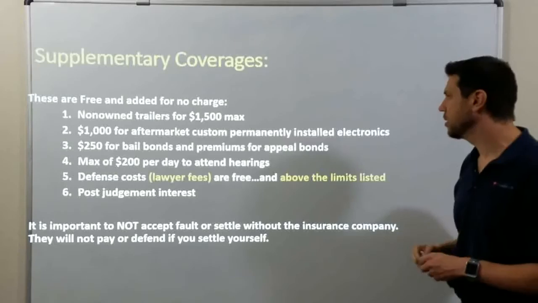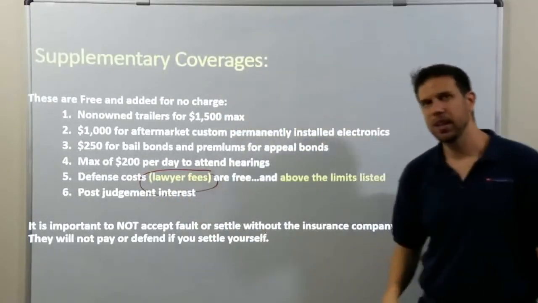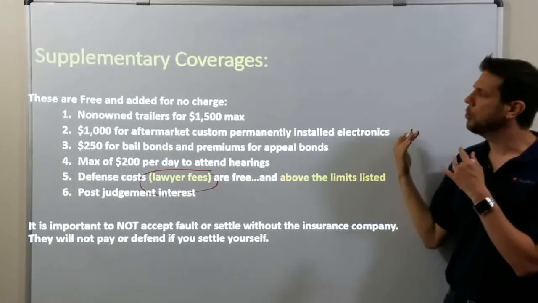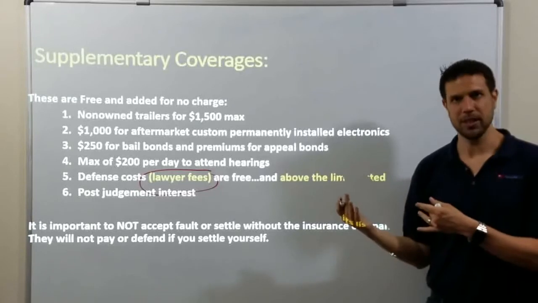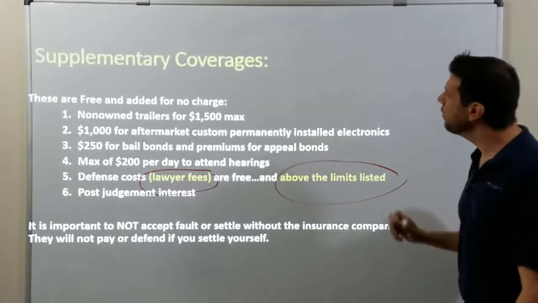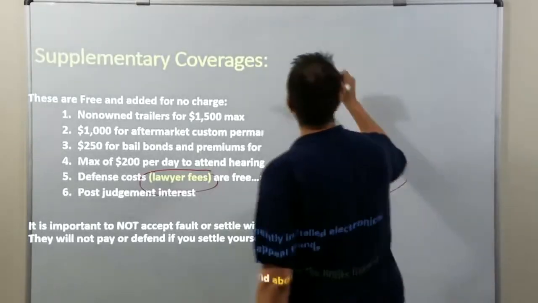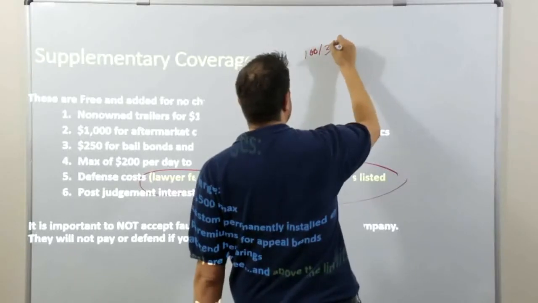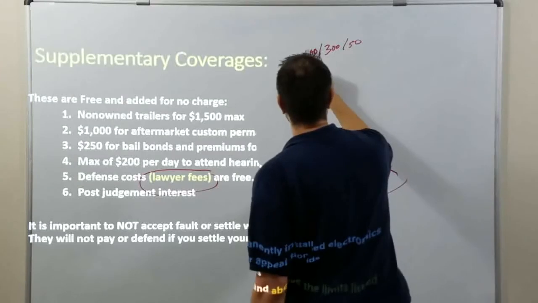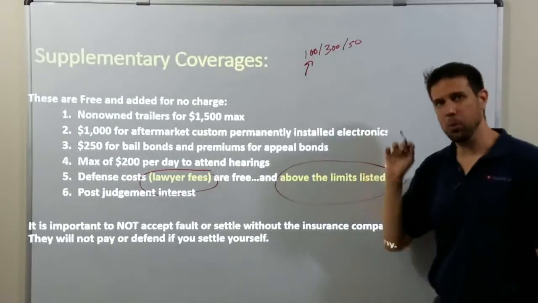Supplementary payments are essentially legal fees. Supplementary payments apply to liability insurance and are covered for free above the limits you purchased. So for example, let's say you have 100, 300, 50, and you hit a guy and the insurance company doesn't want to pay.